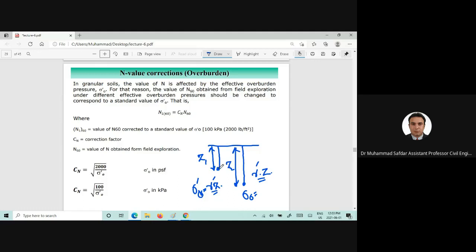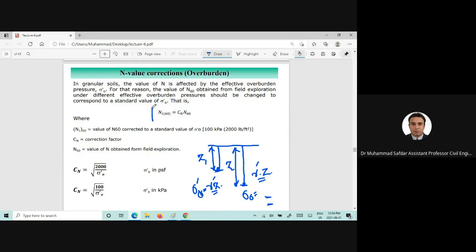So the N value recorded at different depths below the ground surface would also change, in order to account for the effect of the overburden pressure on the N value.